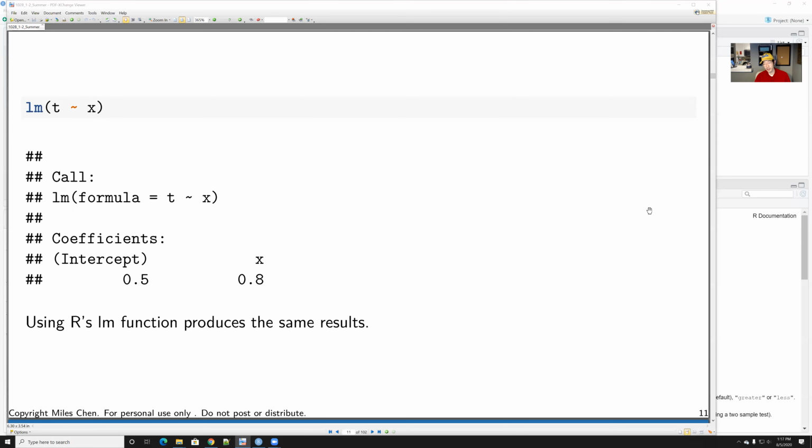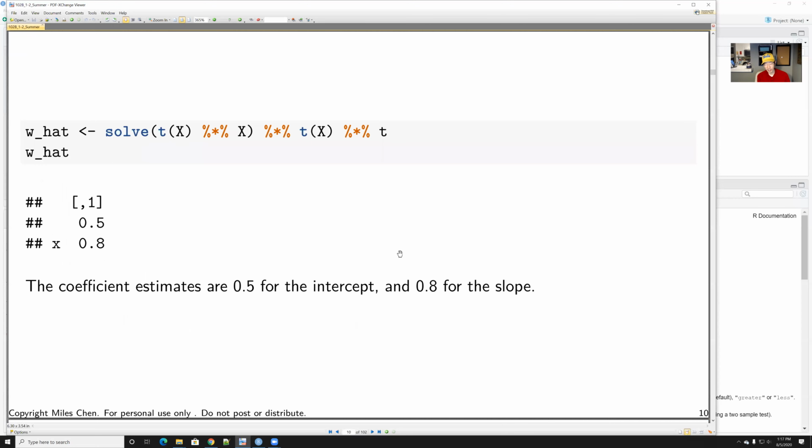However, when you take a vector and throw it into a matrix operation, R is going to automatically coerce this into a matrix. It's going to apply a dimension here. And by default, if you just turn this into a matrix, it's going to become a column matrix, n by 1.